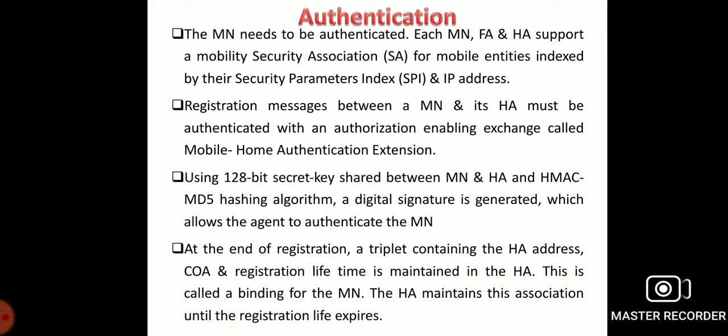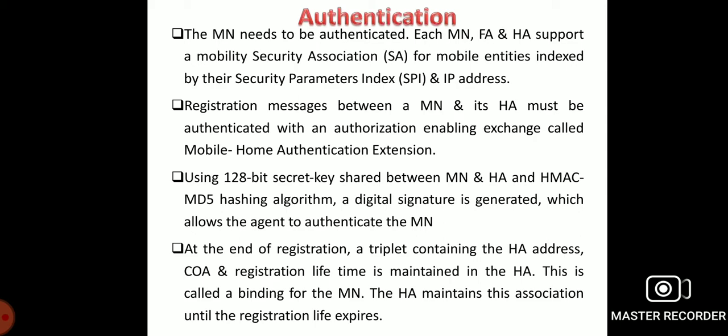The registration messages between a mobile node and a home agent must be authenticated with an authorization-enabling extension. It is called the mobile-home authentication extension. It uses a 128-bit secret key shared between the mobile node and home agent. So a digital signature is generated, which allows the agent to authenticate the mobile node.